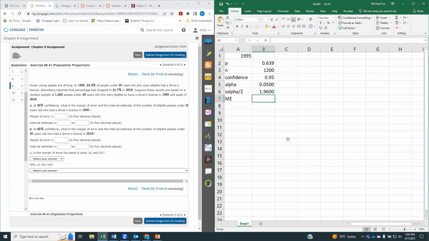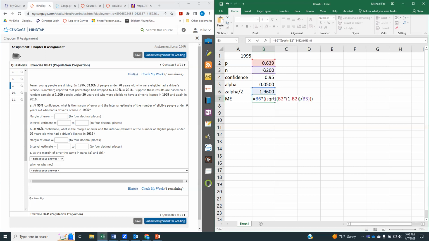So it equals the z-score of alpha divided by 2 times the square root of our proportion times 1 minus our proportion divided by n.